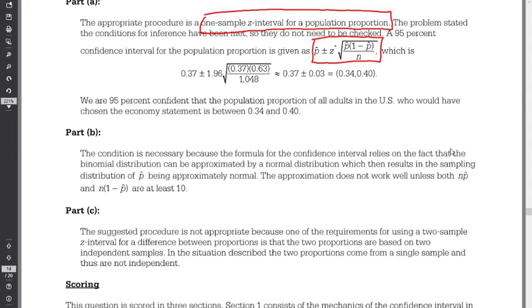So we can't use a two sample interval for something where there was only one sample. Another way you could say that is that these two proportions are not independent of each other. Because they are coming from the same sample, if more people choose one of the kinds of statements, fewer people have to choose the other kind of statement by necessity of the way that that's carried out.